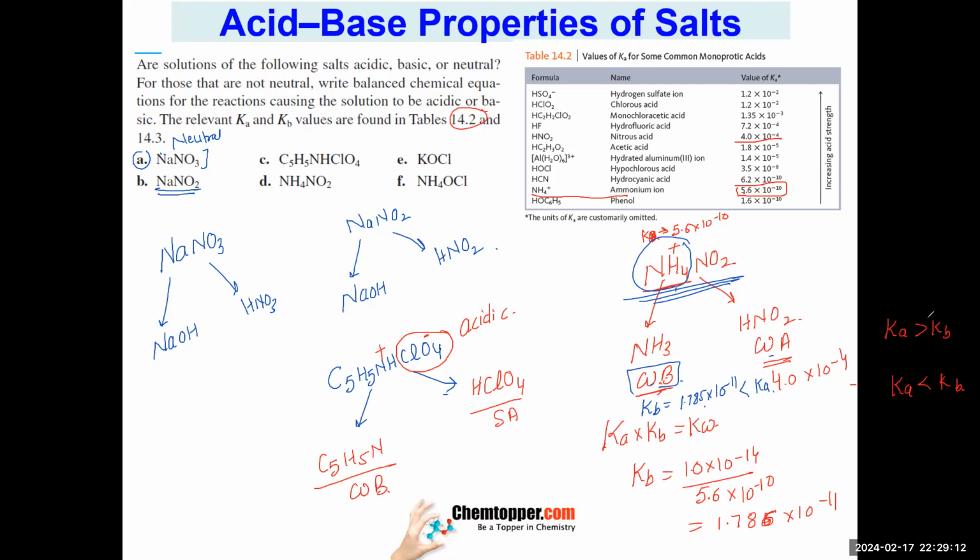In that table I'm explaining everything. So here this Kb is less than Ka. It means the base has a stronger conjugate acid. It means the salt is acidic. Right, children? So whenever both of them are weak, then you compare their Ka and Kb values.